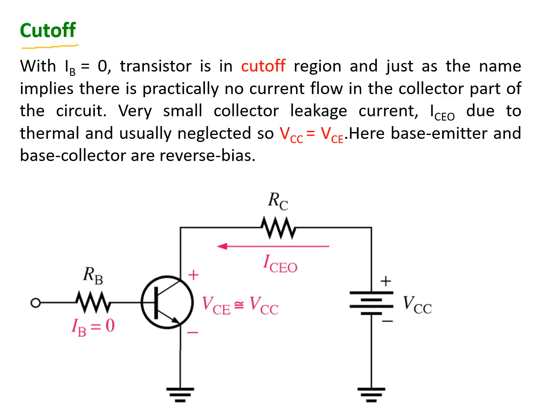Cut-off. When IB equals 0, the transistor is in the cut-off region, and practically there is no current flow in the collector part of the circuit.